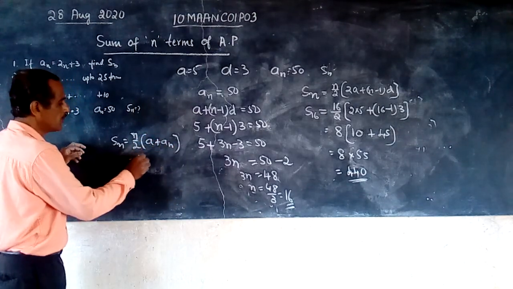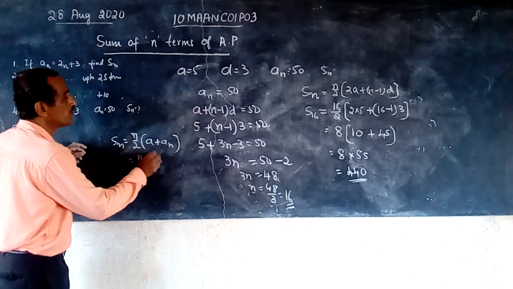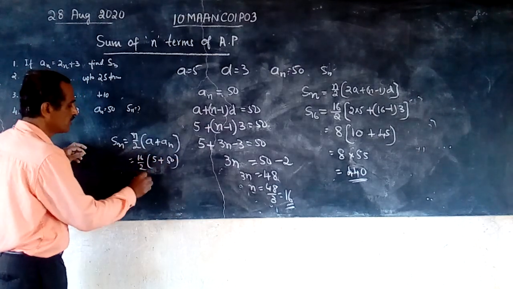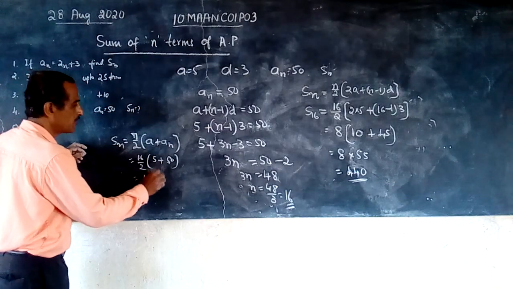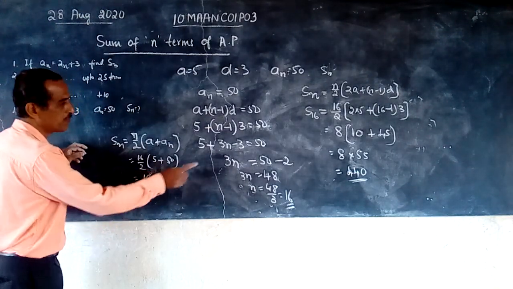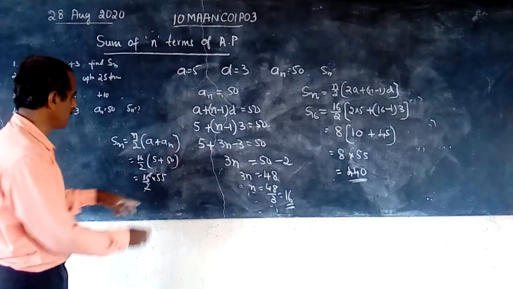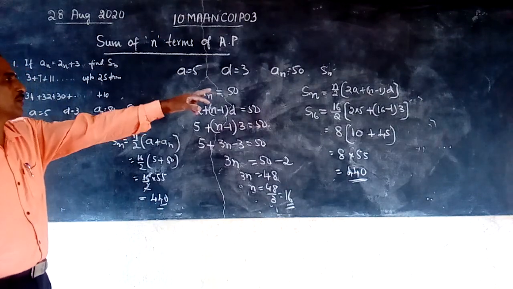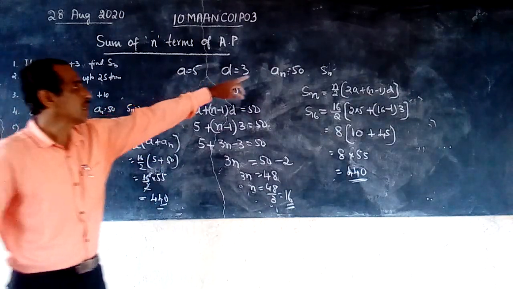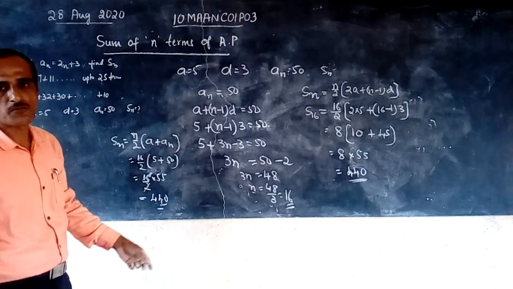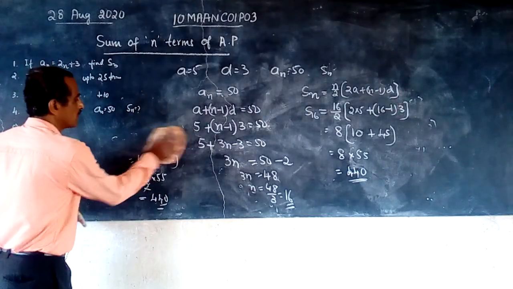You can use 16 by 2 into a is 5 plus an is 50, that is 16 by 2 into 55. 16 by 2 is 8, so 8 into 55 again is equal to 440. So instead of using 2a plus n minus 1 d, because you know the last term 50, you can use a plus an, and this formula also gives the same answer. Okay.